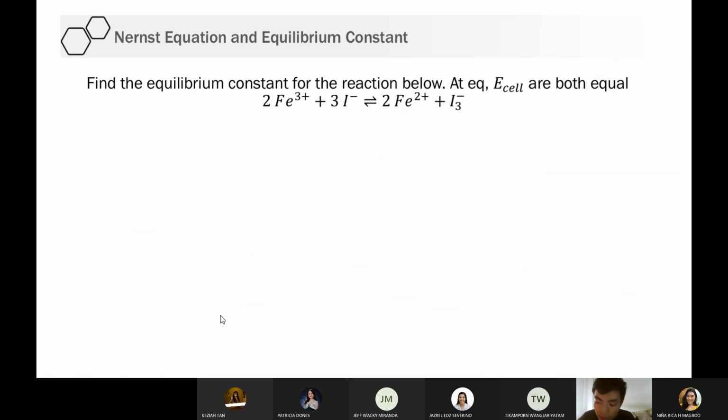So I want you to work on this problem. I will give you the cell potential for the reactions. Okay, that's 2Fe3+.